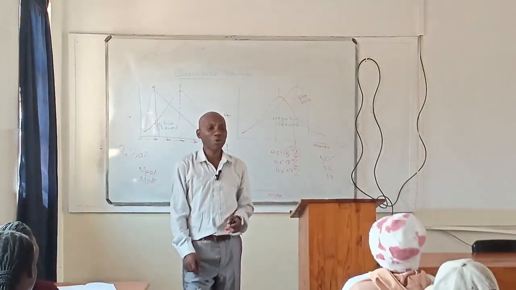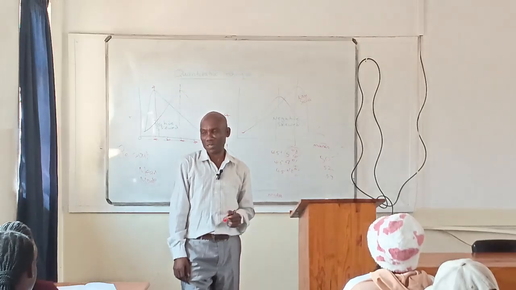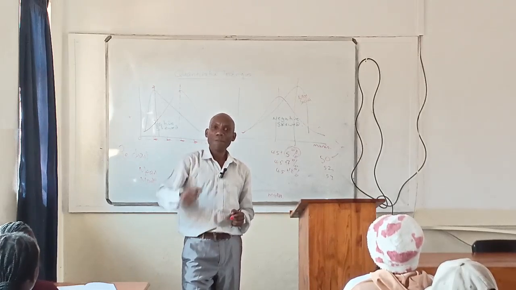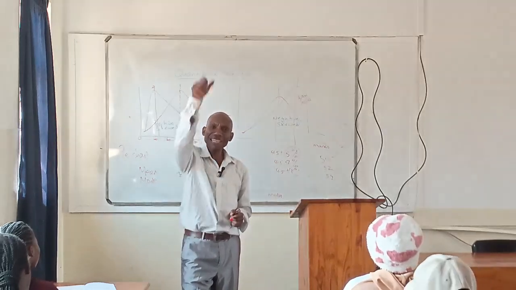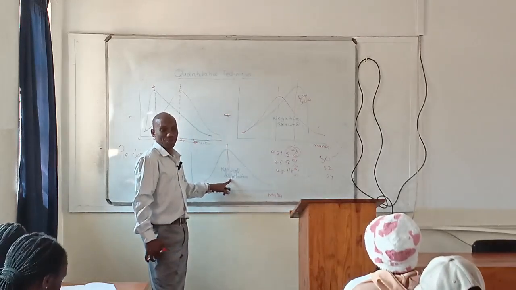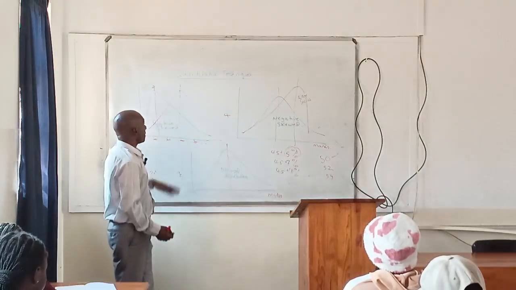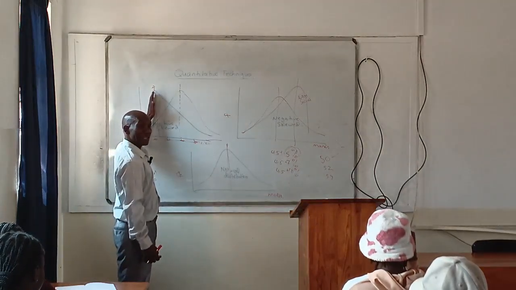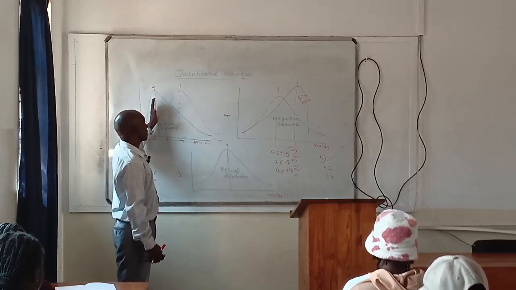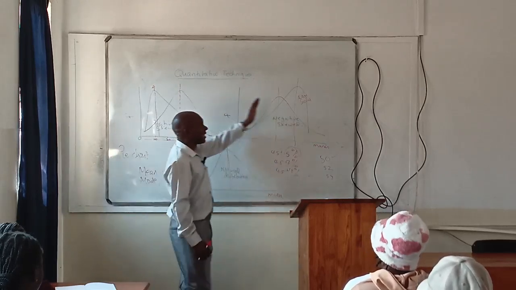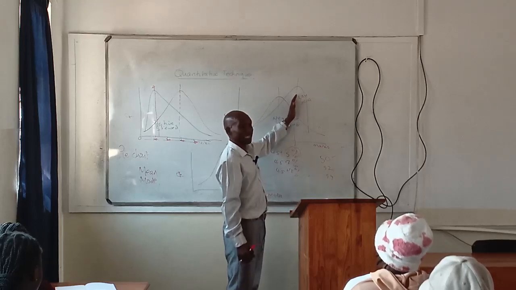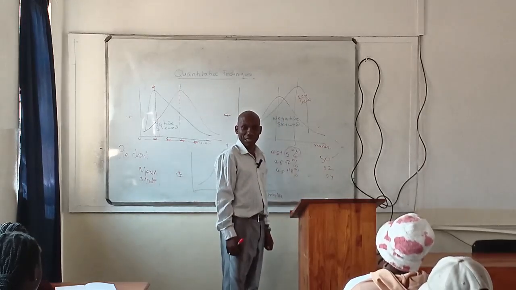Know that that is normal what? Normal distribution. If you calculate the mean, you find the answer; mode, the same answer; median, the same answer. But if the mean is greater than the mode, it comes to this scenario. If the mean is less than the mode, it becomes this other scenario. We'll look at those scenarios here.